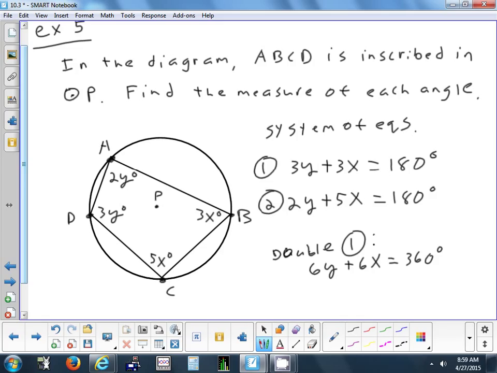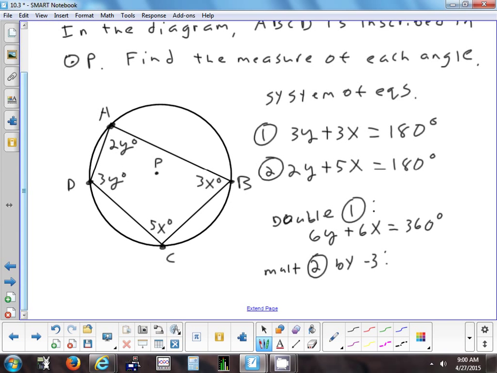Yeah, multiply. In fact, I'll write that down. Multiply the second equation by negative 3. A number circled just represents the equation I'm talking about. Denver, what do you get when you do that?